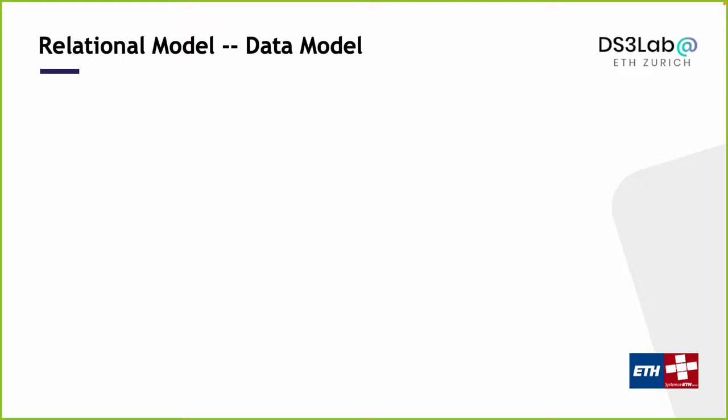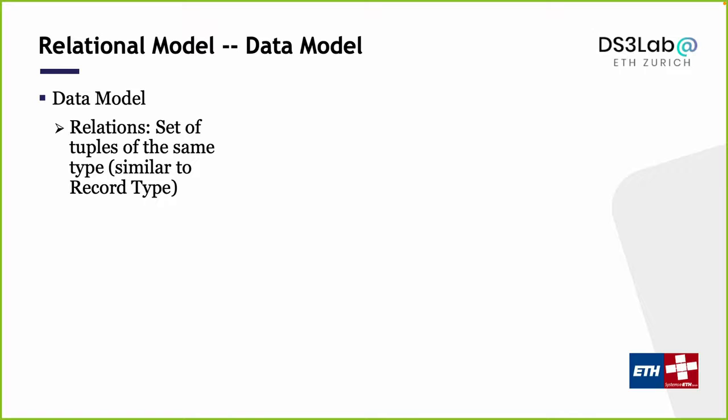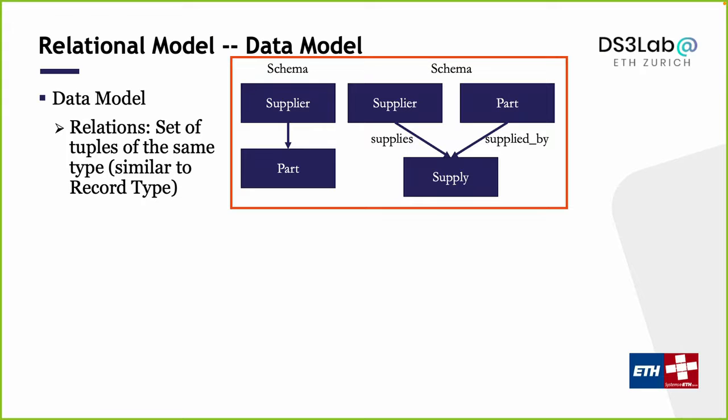The data model of the relational model looks very different compared with the hierarchical model and the network model. Essentially, I think about my data as a whole bunch of relations. And each relation is a set of tuples of similar type. Up to here, it's very similar to the record types in the hierarchical model and network model, right?